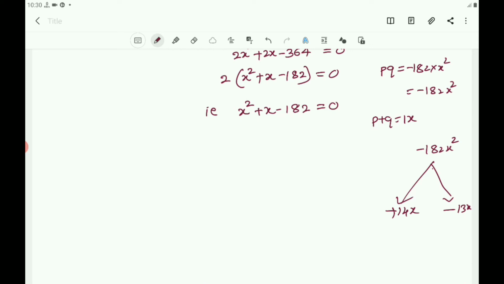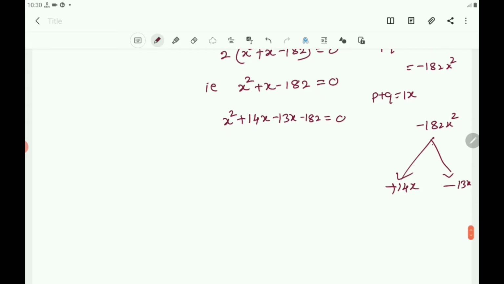The sum of plus 14x and minus 13x is 1, and the product is minus 182x square. Then it becomes x square plus 14x minus 13x minus 182 equals 0.